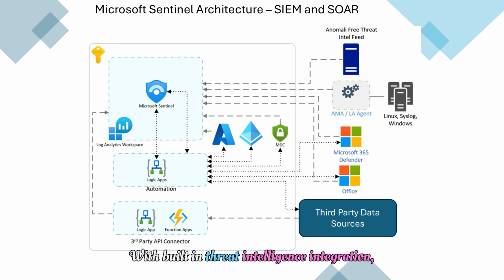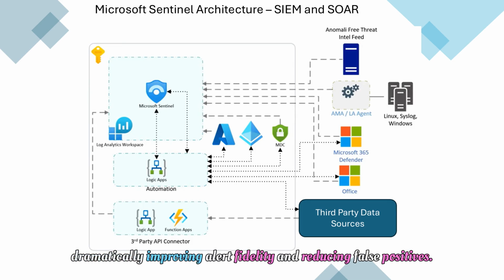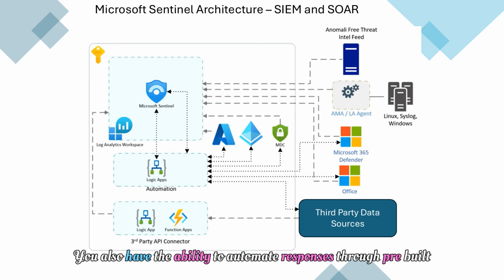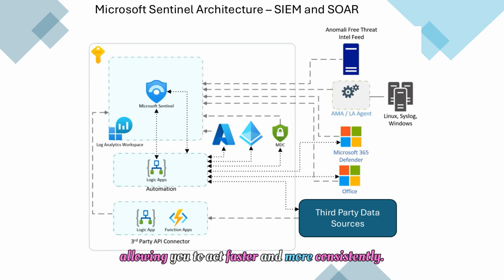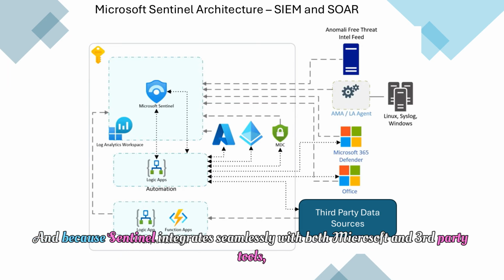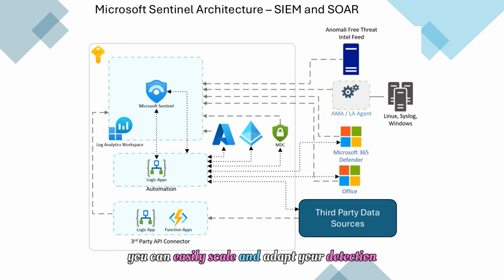With built-in threat intelligence integration, you can enrich every event with external context, dramatically improving alert fidelity and reducing false positives. You also have the ability to automate responses through pre-built or custom playbooks, allowing you to act faster and more consistently. And because Sentinel integrates seamlessly with both Microsoft and third-party tools, you can easily scale and adapt your detection and response workflows as your ecosystem evolves.